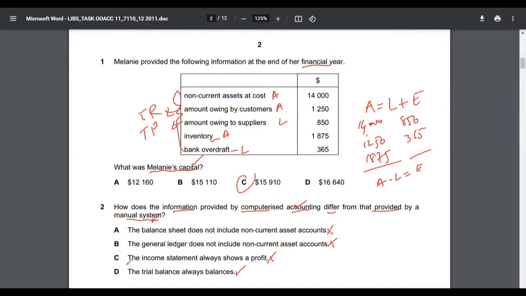Even if you don't know the answer to this question, with your limited information you should arrive at the conclusion that options A, B, and C are absolutely irrelevant and not correct answers to multiple choice 2. So your correct answer to multiple choice 2 would be option B. A computer will always give you a balanced trial balance. That's how computers or accounting software are programmed.